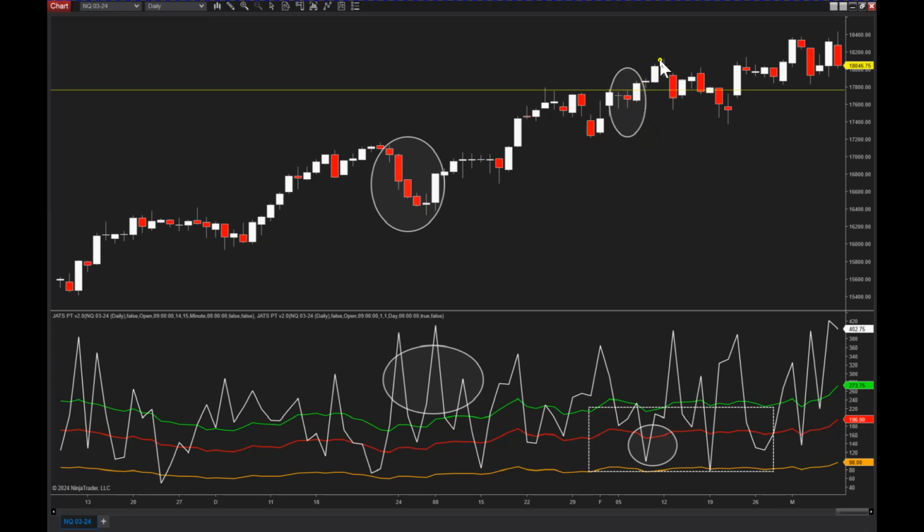There was your break. So you can trade the range expansion showing the probability distribution for the daily 14 period versus 1.